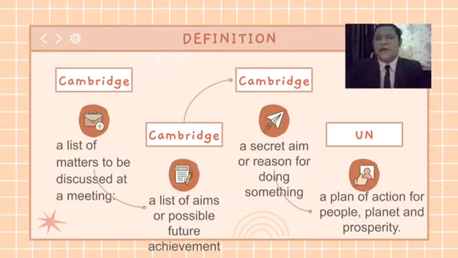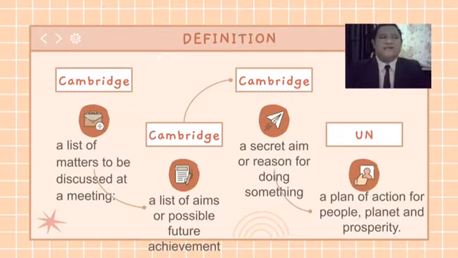Now, this definition is self-explanatory, and thus we go to the last Cambridge Dictionary definition of agenda. The last one defines agenda as a secret aim or a reason for doing something.